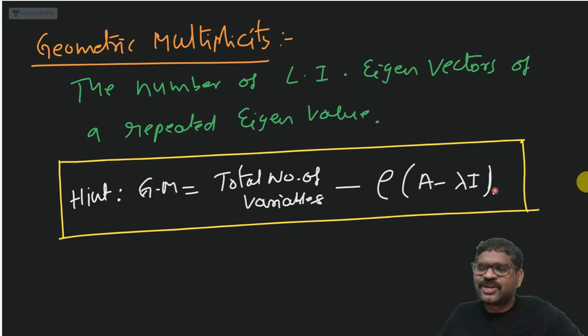Yes. Total number of variables minus rank of A minus lambda I is nothing but free variables. Free variables give you an idea about geometric multiplicity.